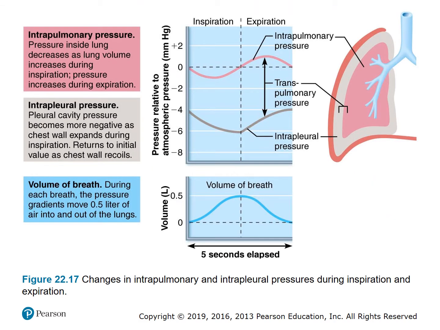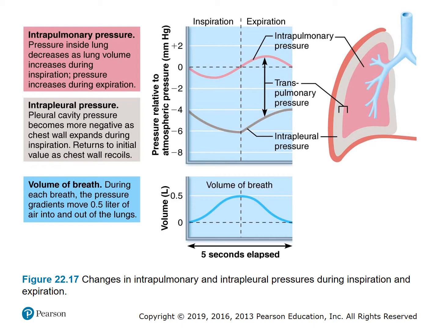Figure 22.17, changes in intrapulmonary and intrapleural pressures during inspiration and expiration. Okay, so let's follow the intrapulmonary pressure. That's the pressure inside the lung. It decreases as the lung volume increases during inspiration. The pressure increases during expiration. If we look at the intrapleural pressure, that's in the pleural cavity.